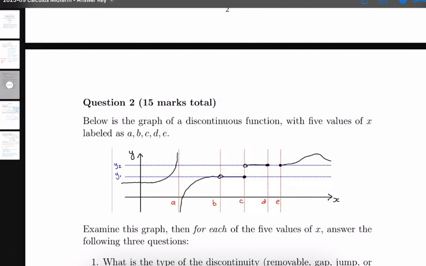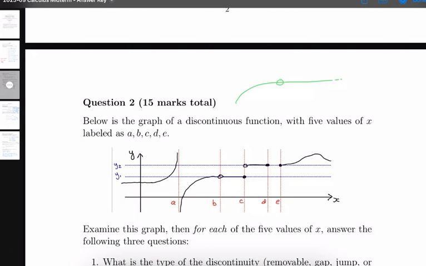Okay, so if that has a circle, it's removable. Not all circles are removable, but this circle is removable. Why? Let me use green. If I have a function like this, it is continuous, right? If I take out the value at this point, then the function is not defined only at that point. Everywhere else, the function is defined. So there's a discontinuity just for that point.